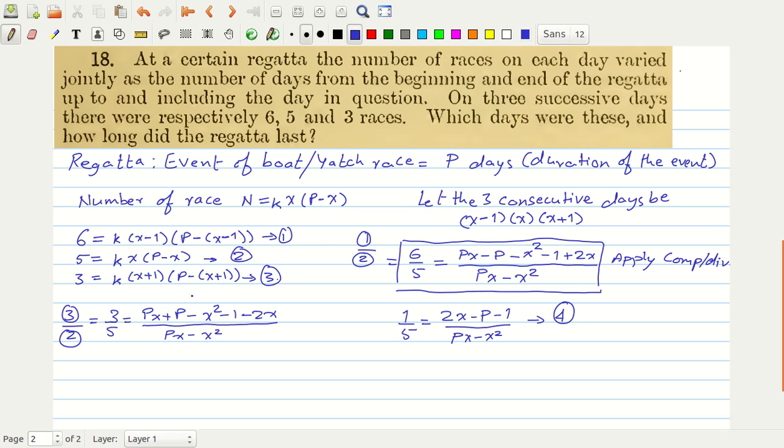So 5 minus 3 is equal to 2. So this is equal to 2 by 5 will be equal to px minus x square minus this whole expression.